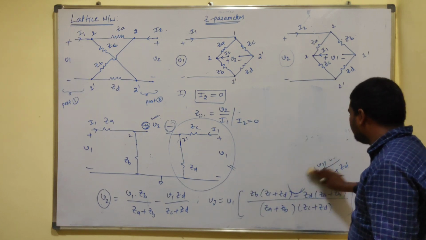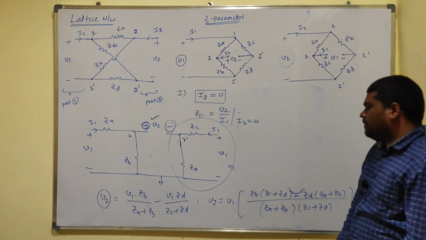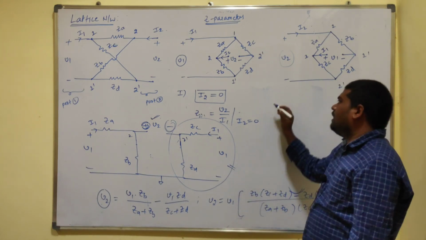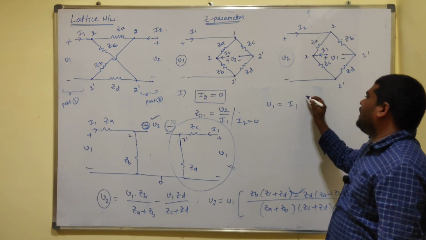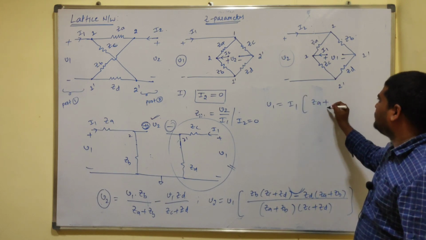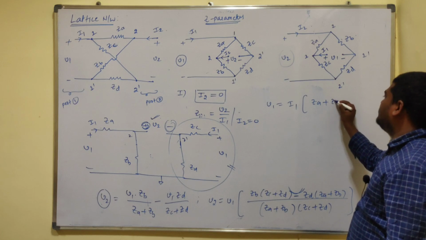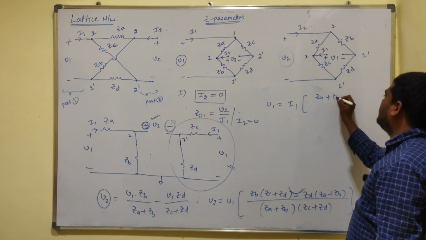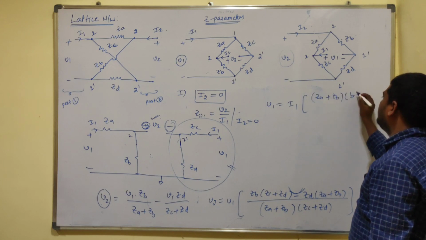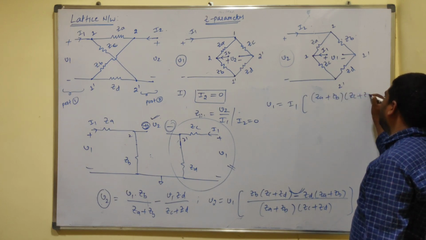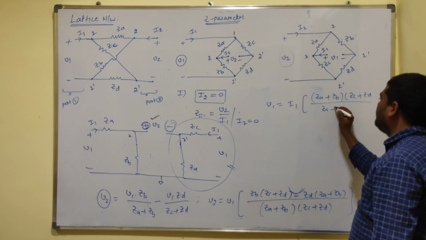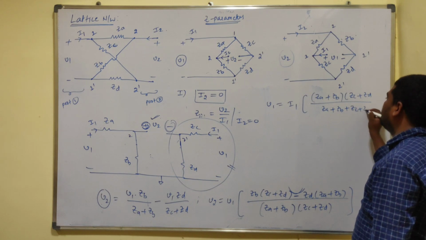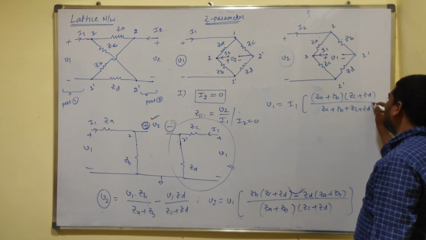Now here V2 equals some V1, but in the previous section we already calculated V1 equals I1 into (ZA plus ZB)(ZC plus ZD) by (ZA plus ZB plus ZC plus ZD), right?